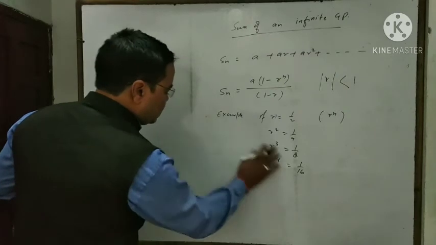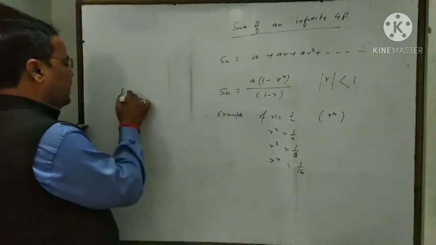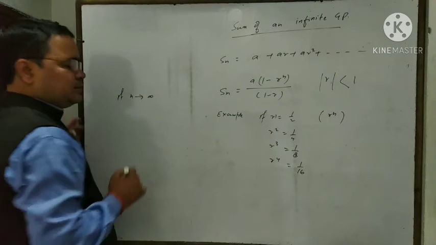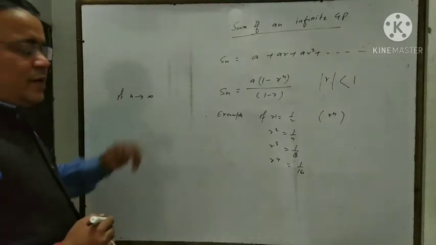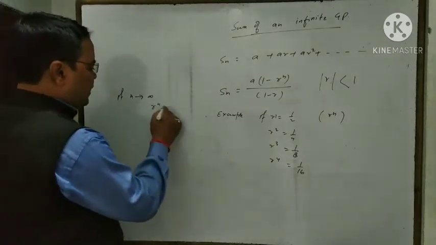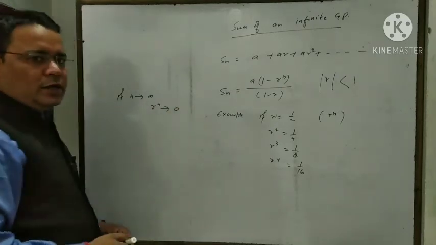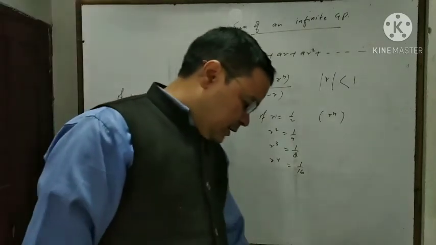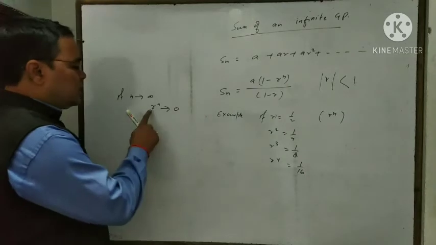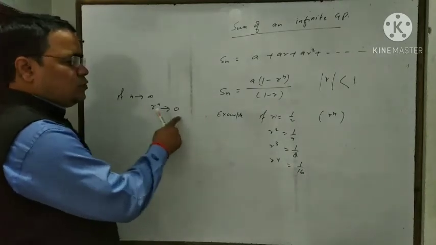From here we can make a conclusion. If n tends to infinity, then r to the power n tends to 0. Getting?